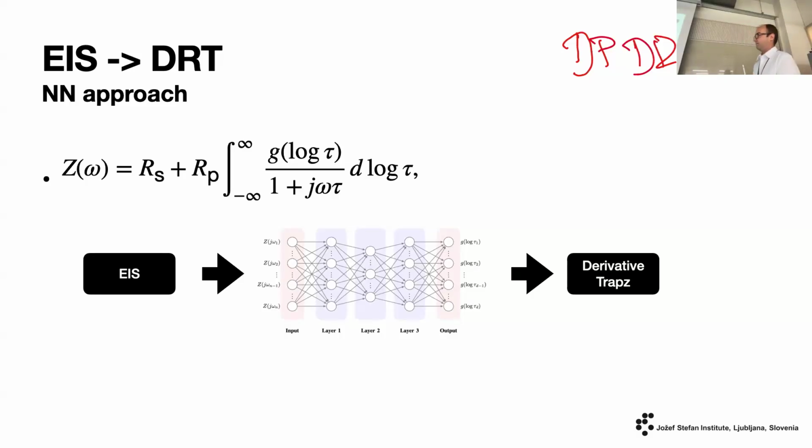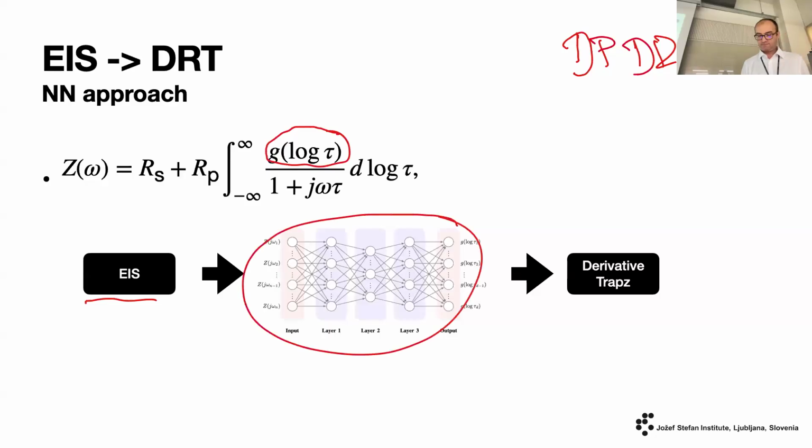So what's the idea? We know that we are looking for this curve. We don't know its structure. So what can we do? We can use a general approximation. What is the best general approximation? Some sort of neural network. Okay, so we say, let's take our ICE results and calculate the DRT.